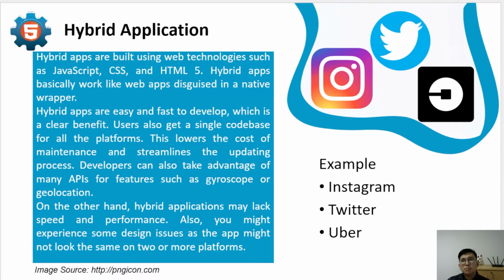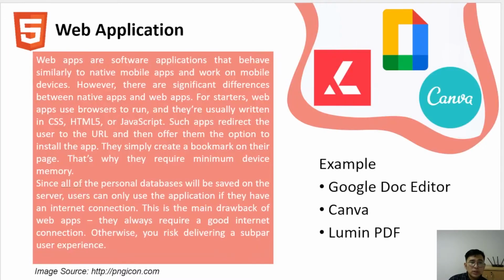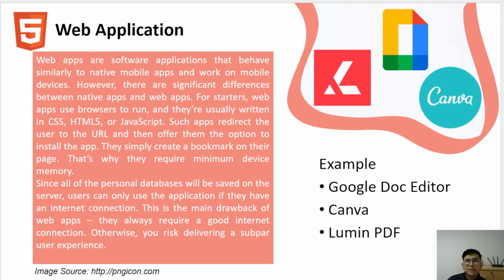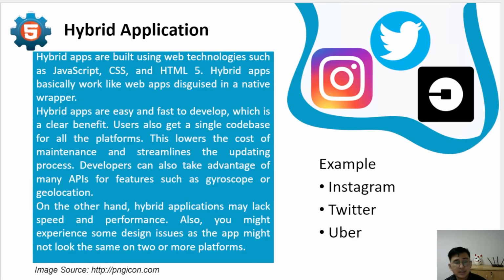Meanwhile, small or medium-sized companies usually choose between native or web-based applications. It becomes more of a user preference based on what kind of field they are working in, and each has its own advantages and disadvantages as well.